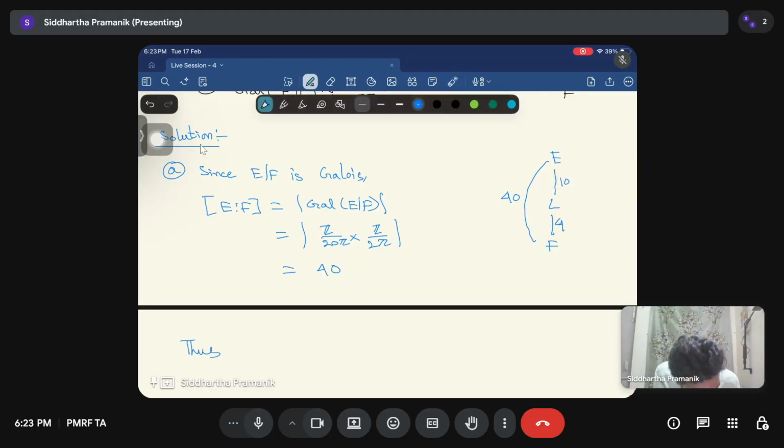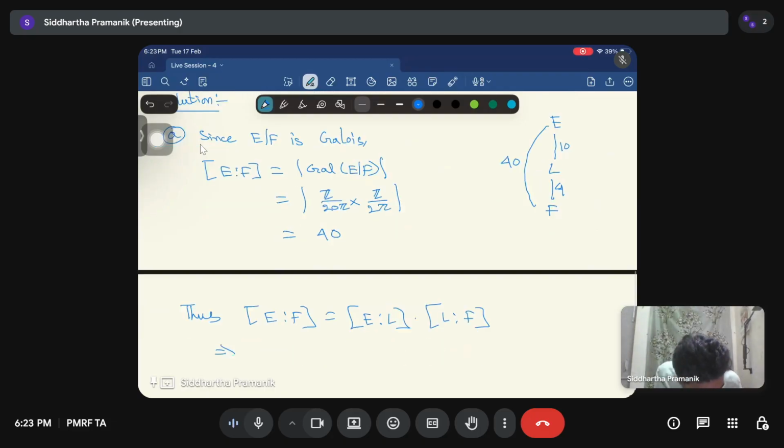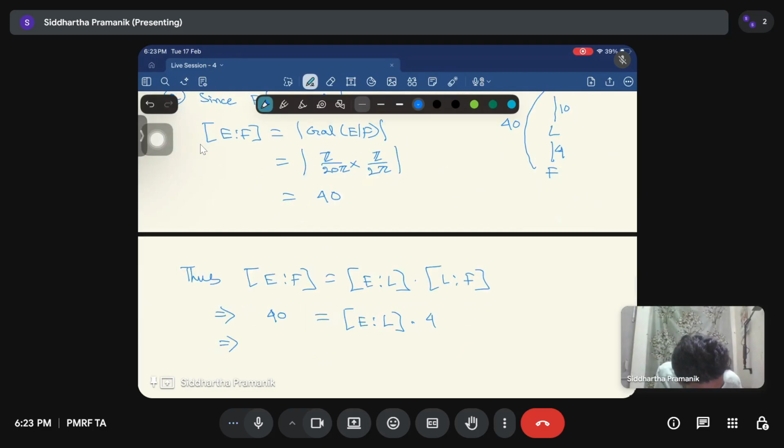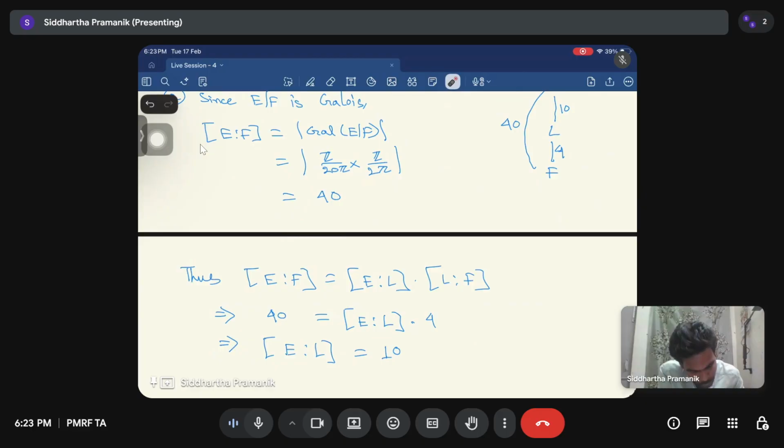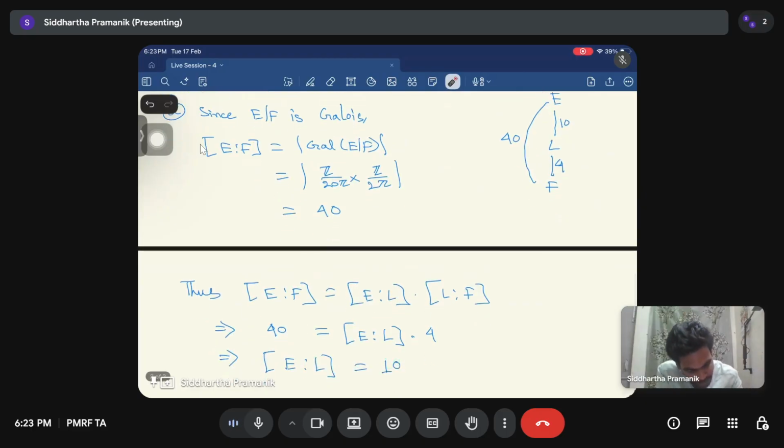Let me write it down specifically. The degree of E over F is the degree of E over L times the degree of L over F, so 40 equals the degree of E over L times 4. So the degree of E over L has to be 10. We need to find the number of intermediate fields L such that the degree of E over L is 10, and this extension is Galois.